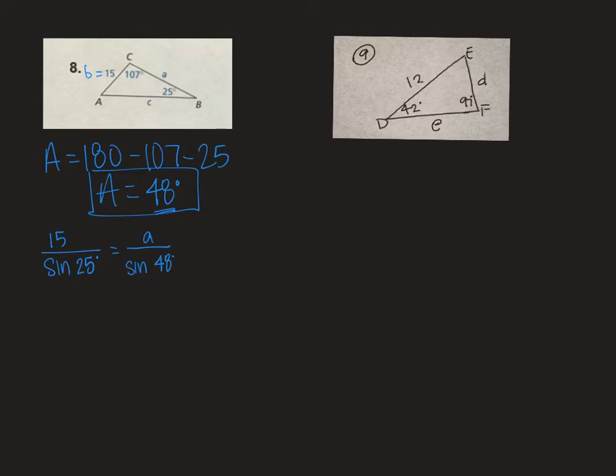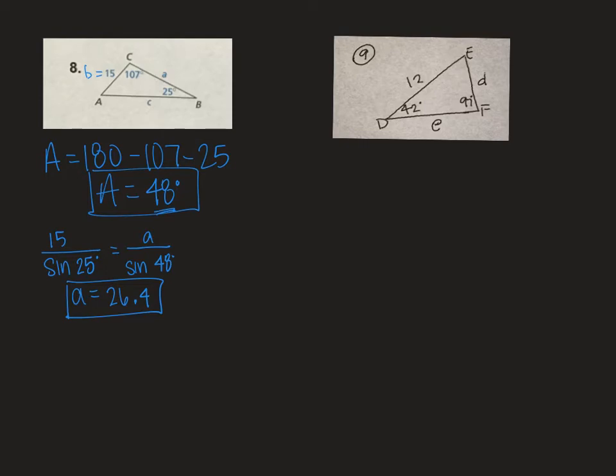So 15 divided by the sine of 25 is going to give me about 35.493 and so on. And then I'm going to multiply that by the sine of 48, which is going to give me about 26.4.